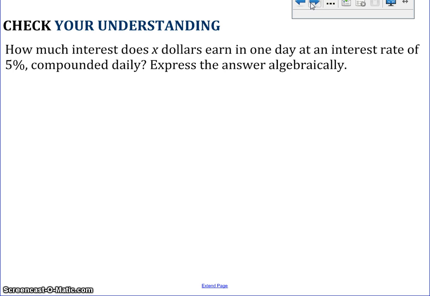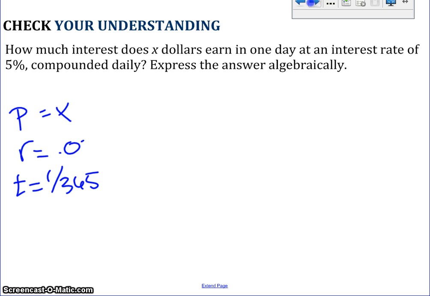All right, how much does X dollars earn in 1 day of interest? So I'm looking at the 1 divided by 365 again at a rate of 5%. 0.05 is a decimal, so it's X times 0.05 times 1 divided by 365.